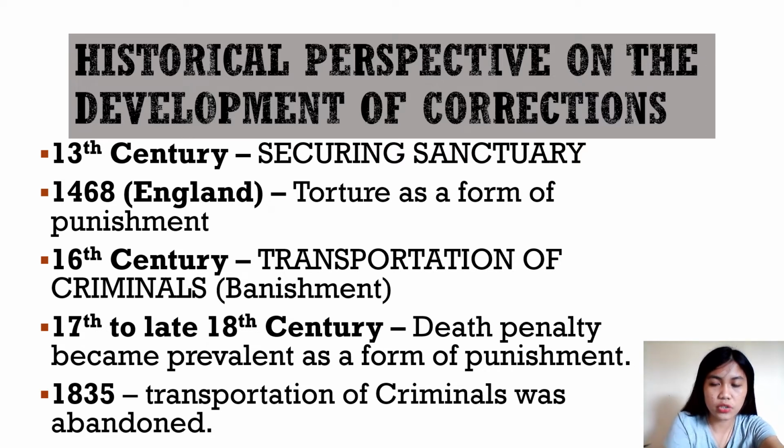In the 16th century, transportation of criminals or what we call banishment. In the 17th to late 18th century, death penalty became prevalent as a form of punishment. There are also different forms of death penalty.